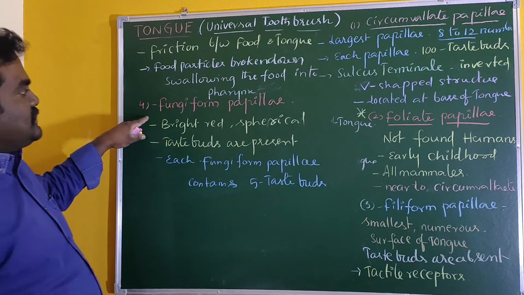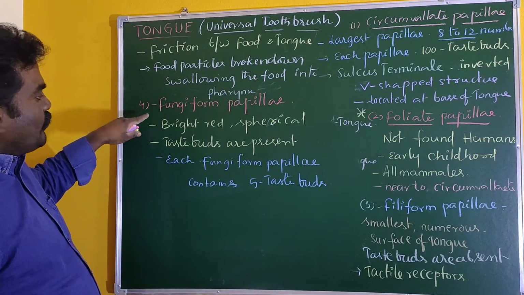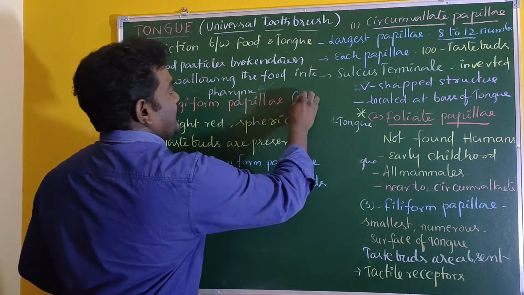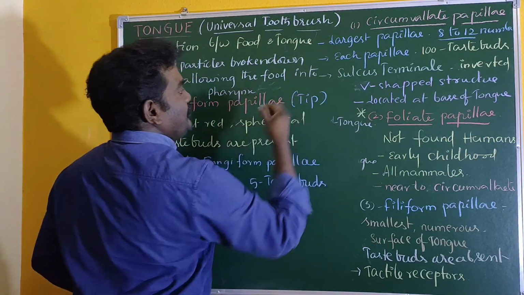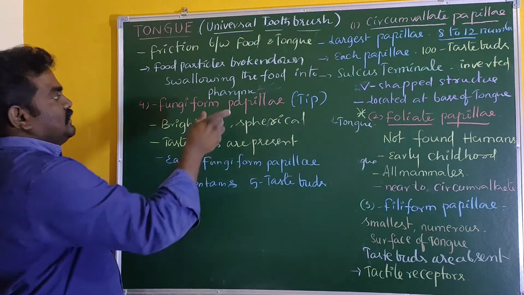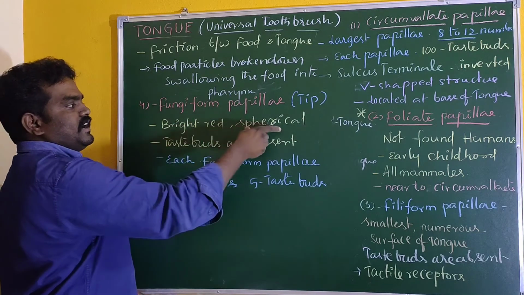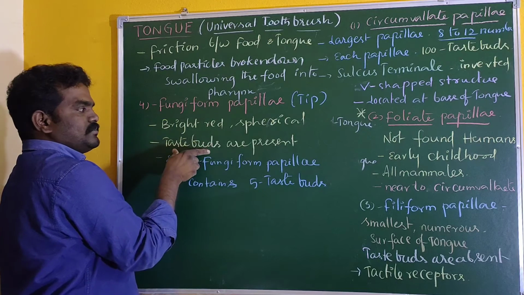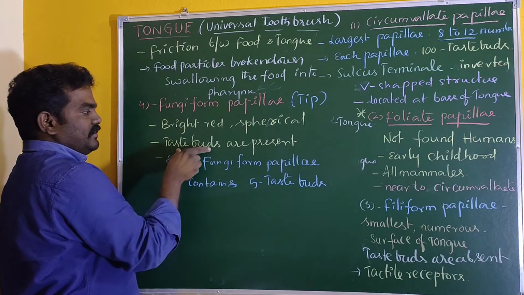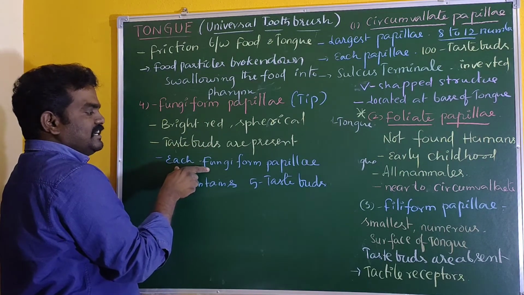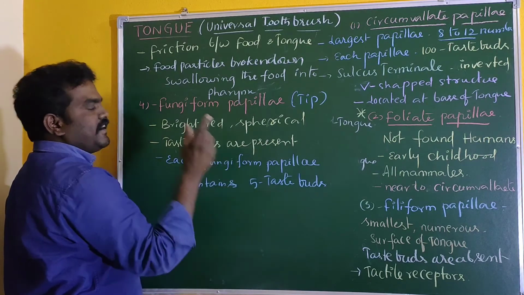So this is about the fungiform papillae. Fungiform papillae location is the tip of the tongue. Their color is bright red and their shape is spherical. Taste buds are present, and the number in each papilla is 5.